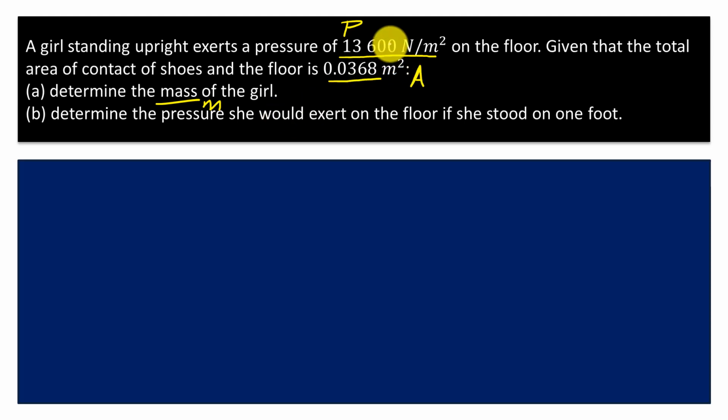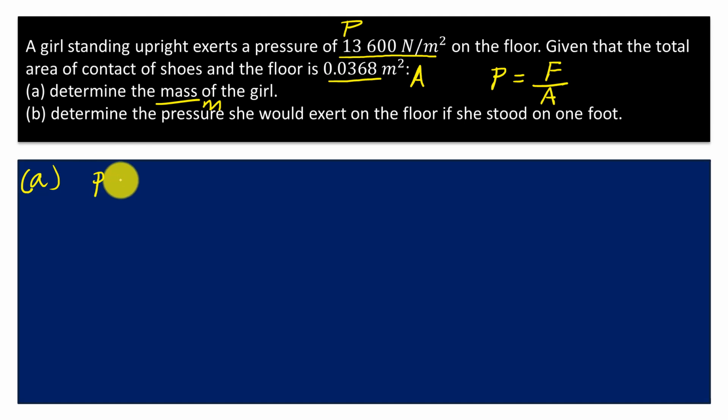If we are given pressure and area, definitely we can work out the third quantity, which is force, because we know pressure is given by the equation force over area. And let's start by writing that first expression here, because it is the one which gives us the way out.